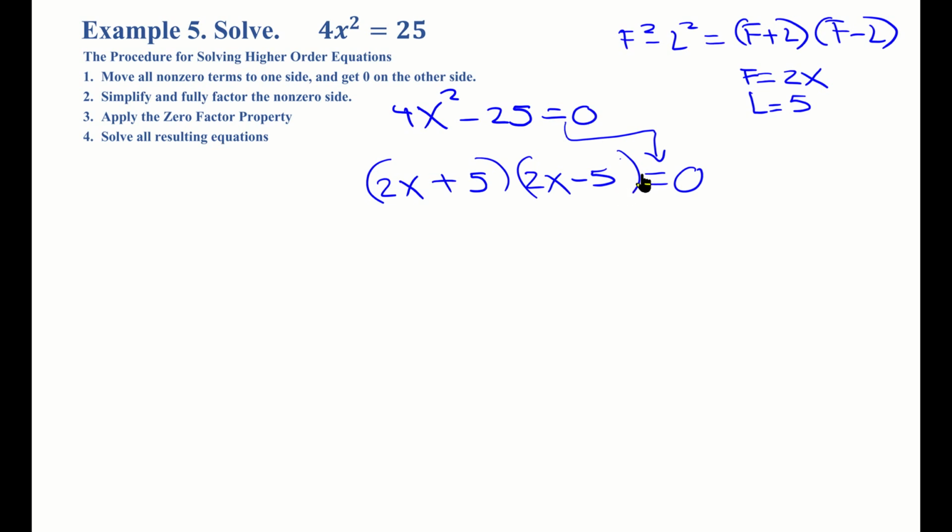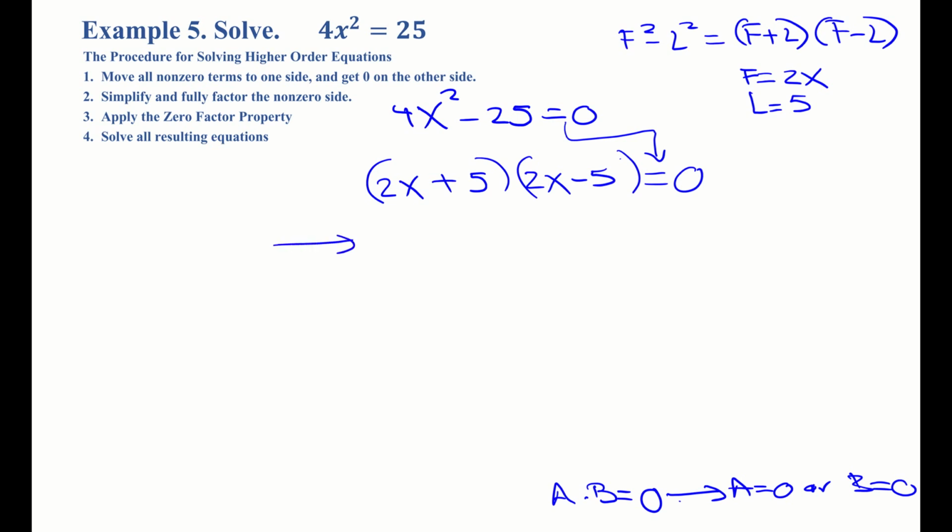So you can't just suddenly drop the equals 0, because if you do, then you won't be able to apply the zero factor property anyway. Zero factor property says if A times B equals 0, then A equals 0 or B equals 0, right?